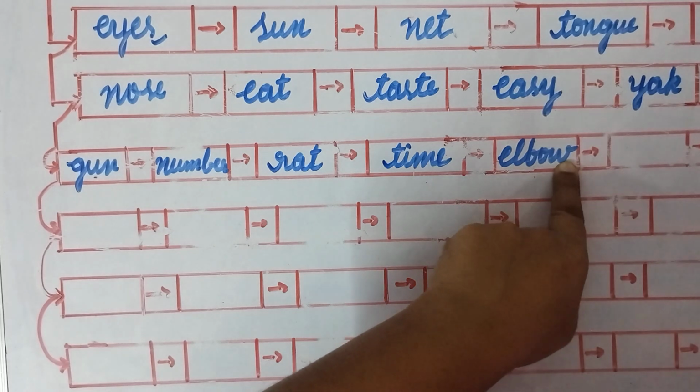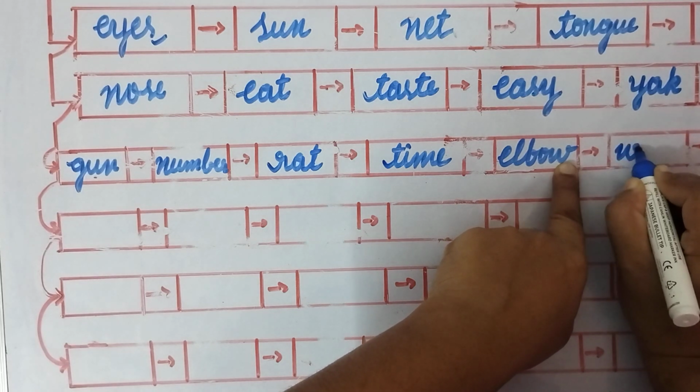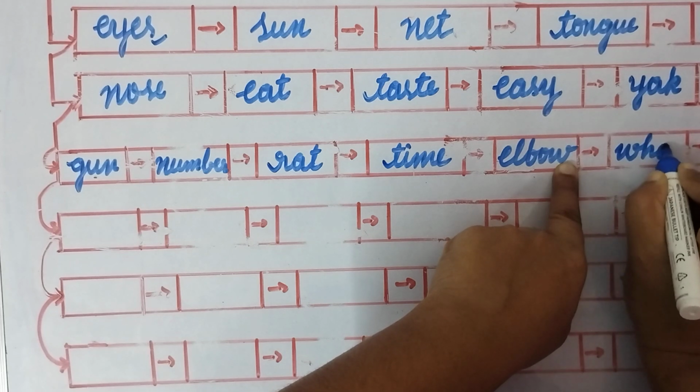The last letter is W. W for what, W-H-A-T, what.